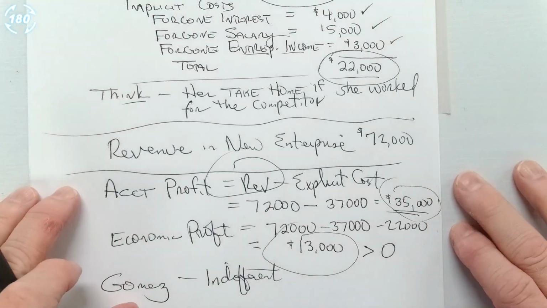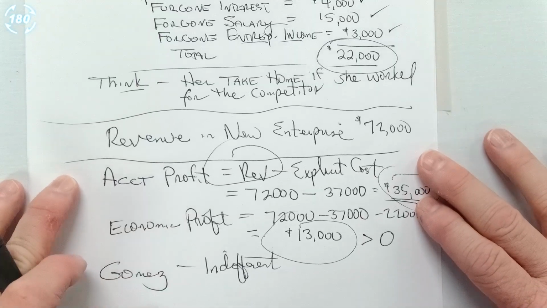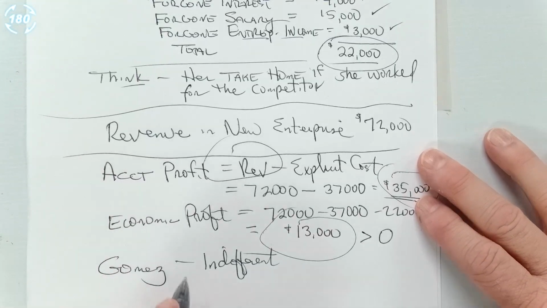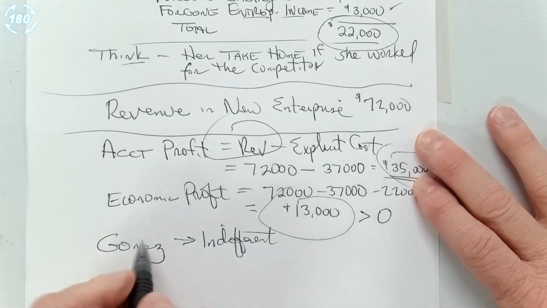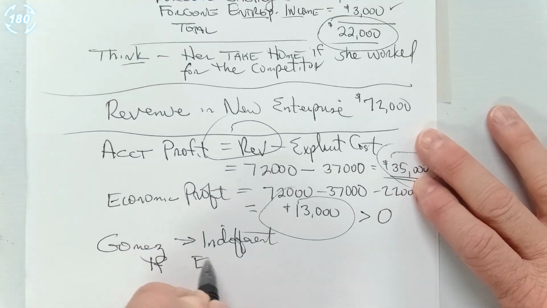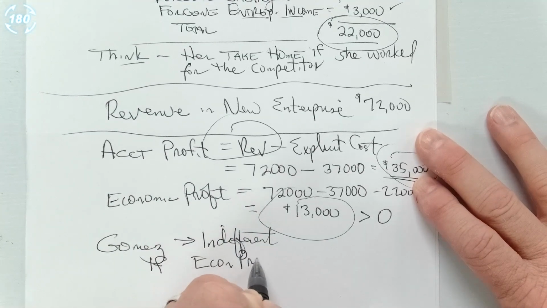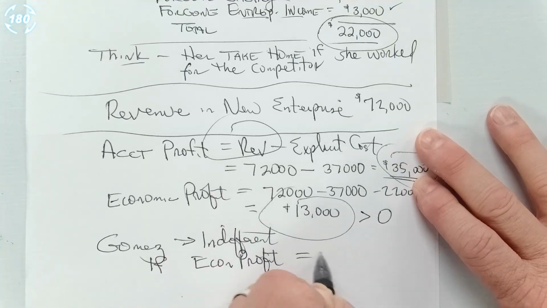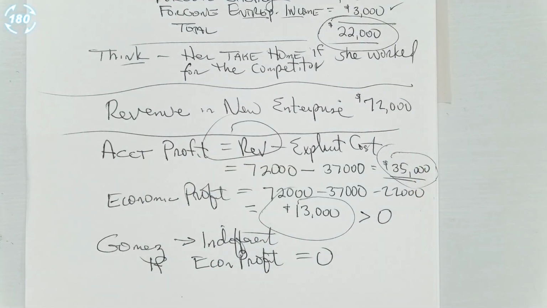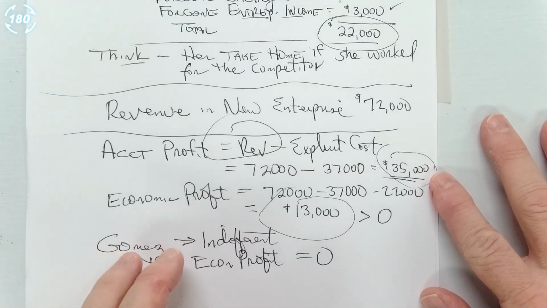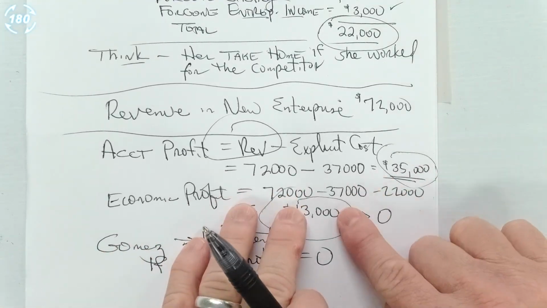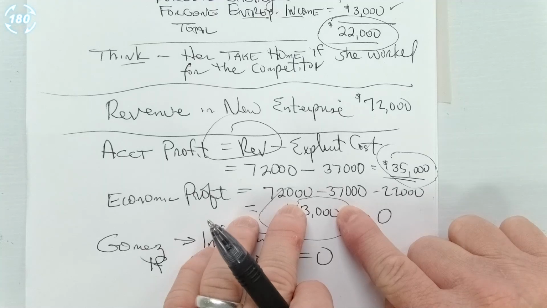There's a satisfaction that goes with having your own business, I know. But she would be indifferent between the options if the economic profit were equal to 0. I want to think about that a second. If her economic profit is 0, then that means her accounting profit would be what? Can you tell?